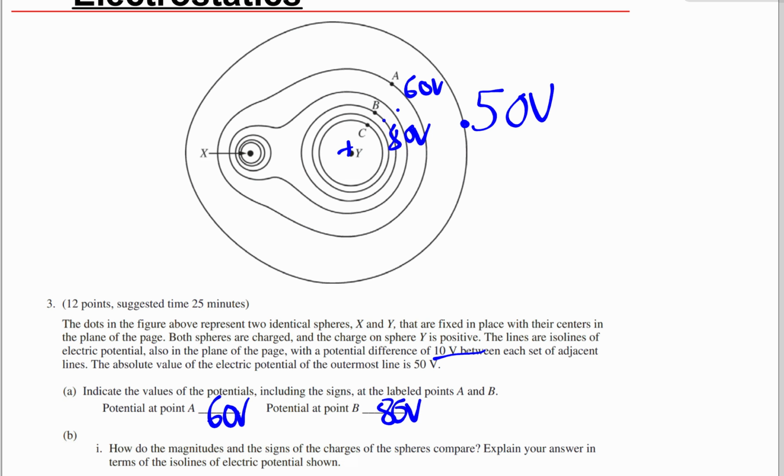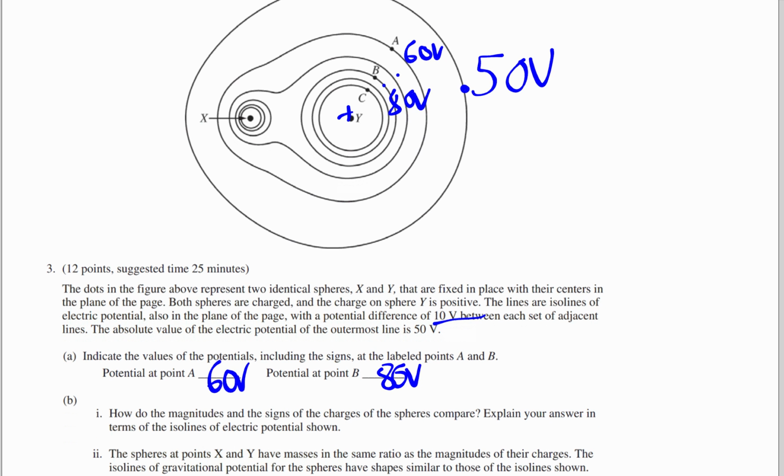All right, how do the magnitudes and signs of the charge of the spheres compare? I think it's really obvious when I look at these two spheres that the magnitude on X is smaller. Sphere Y clearly has more charge on it. But the question is, is X positive or negative? I think the best way to look at that is to draw some electric field lines. Electric field lines are perpendicular to the equipotential lines.